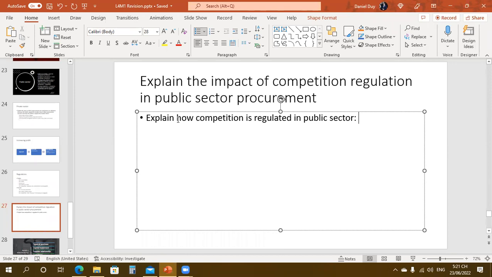So I want to explain here how it is regulated in your public sector regulation, like it is mentioned in the Public Procurement Act or law, depending on the country.